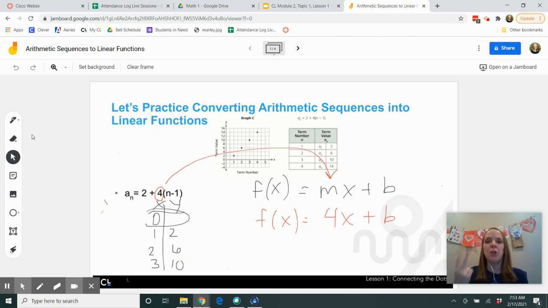So if the first term is 2, and I'm adding 4 every single time, how do I get the term before it? I subtract 4, right? 2 minus 4 is -2. So if you're trying to get the term after, it tells us to add, but we don't want the term after. We want the term before, so we subtract.